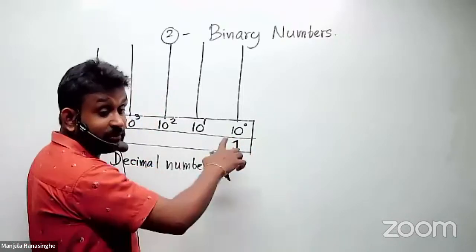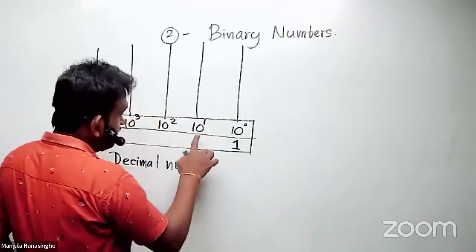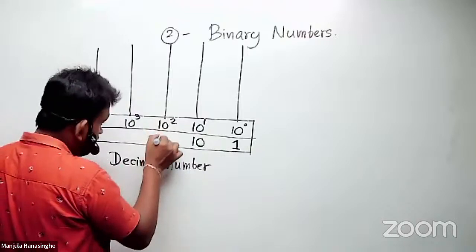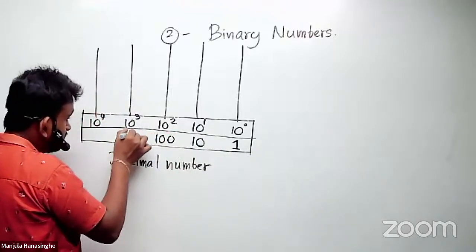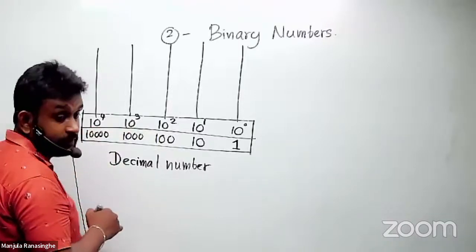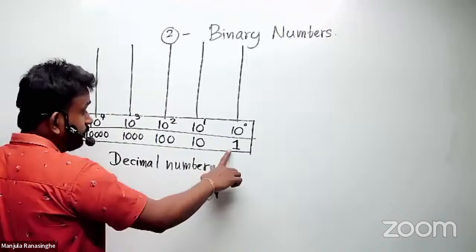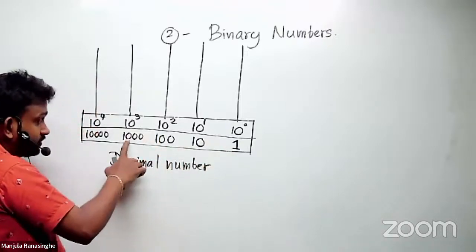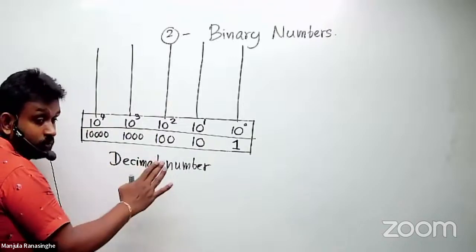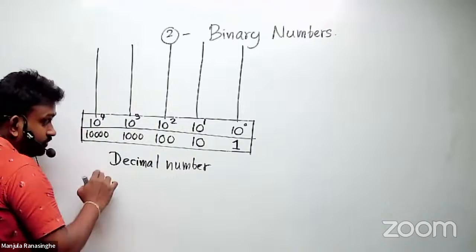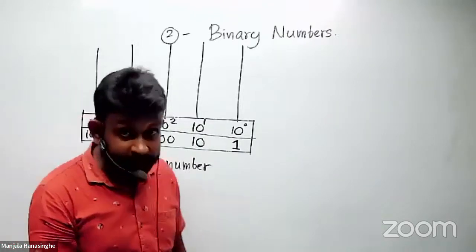How did it come? 10 to the power 0. Here the place value is 10, here 100, here 1000, here 10,000. Likewise the values move. You know that very well. So these numbers are called decimal numbers.